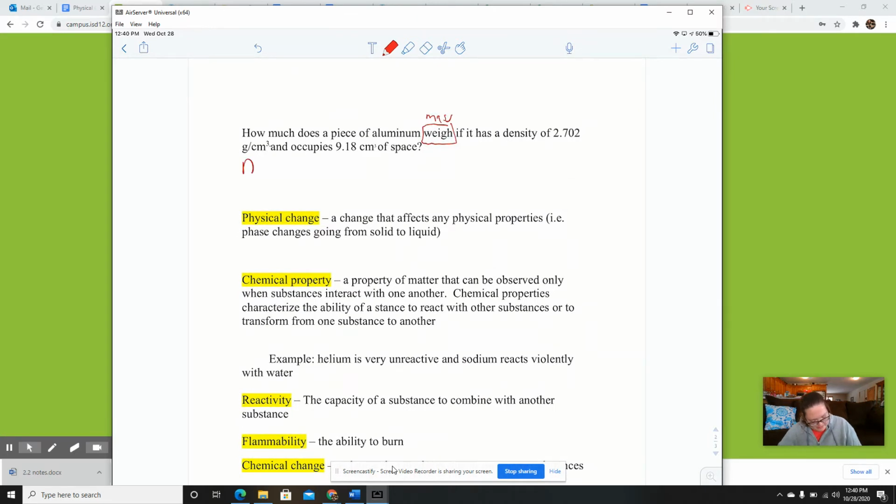So I'm going to write this here. Mass is density times volume, okay? So my density is 2.702 grams per centimeter cubed, and my volume is 9.18 centimeters cubed.